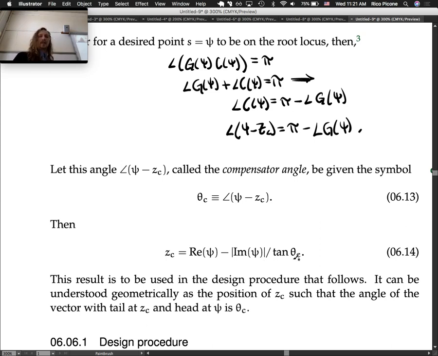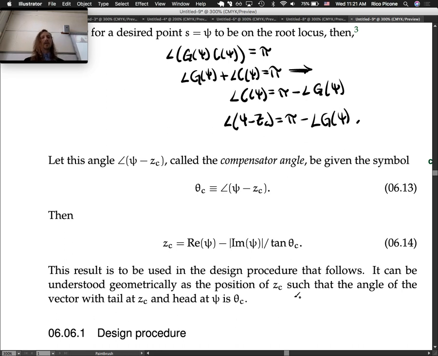So if you want your angle to be theta c, in order for our root locus to match the angle criterion at that point, then you would choose that to be your ZC. This result can be used in the design procedure that follows. It can be understood geometrically as the position of ZC such that the angle of the vector with tail at ZC and head at psi is theta c.